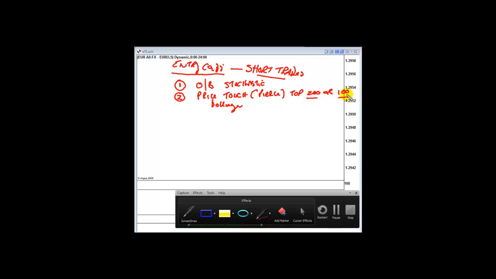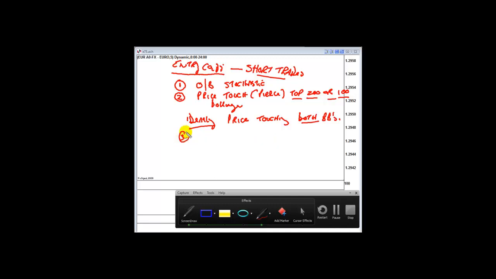It doesn't really matter, but ideally we want the price through or touching or through both Bollinger Bands. Okay, so it could be just touching one or the other, but ideally we want the price to be touching both Bollinger Bands. And when I say touching, it could just be touching, or the price could be through, and continuing higher through the two Bollinger Bands.